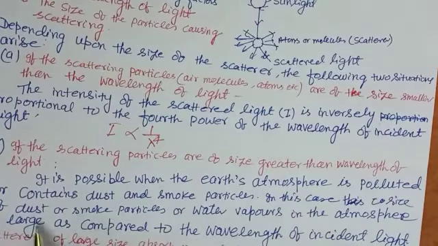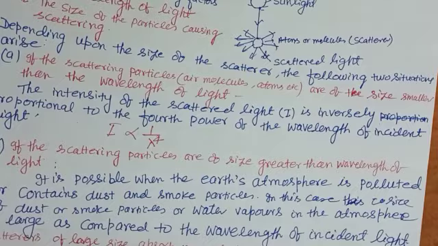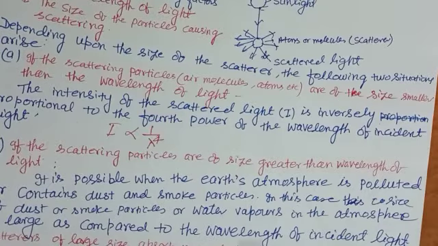In this case, the size of dust and smoke particles or water vapors in the atmosphere is large as compared to the wavelength of incident light. So in this case, all colors are scattered equally. Therefore, the sky appears grayish when the earth's atmosphere is polluted, and clouds generally appear white.